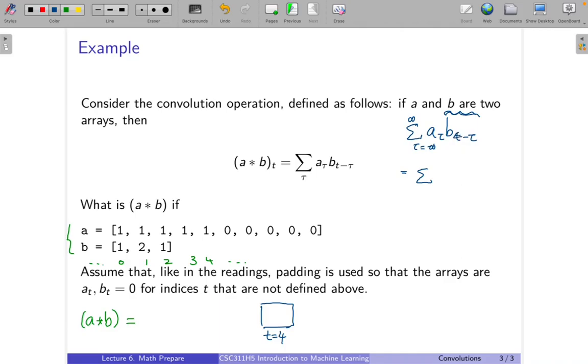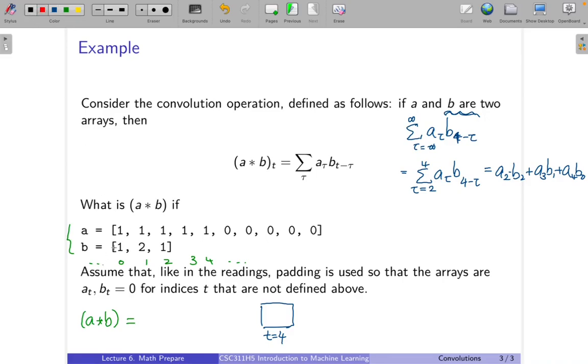So let me just write this 4 explicitly. The 3 values of tau where this term is non-zero are tau equals 4, 3, and 2. So this sum now only has 3 elements in it. Let's write that out explicitly: A2 times B2 plus A3 B1 plus A4 B0.